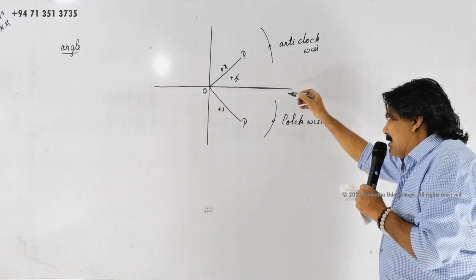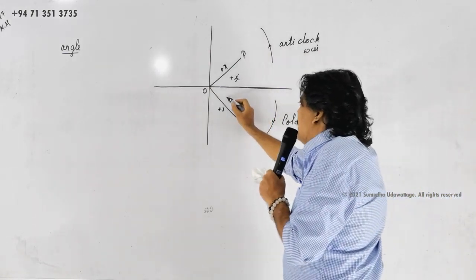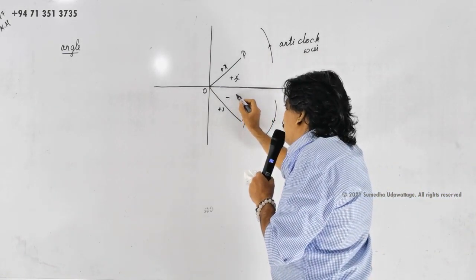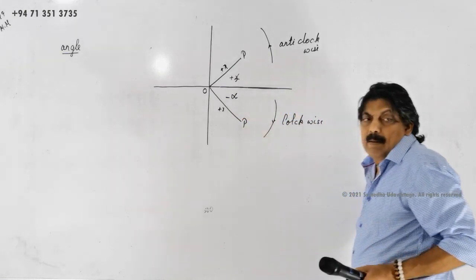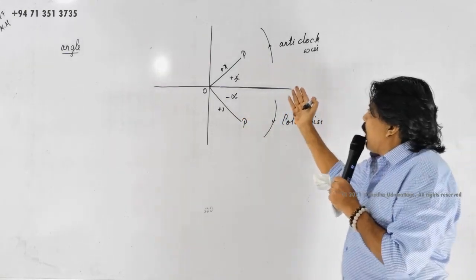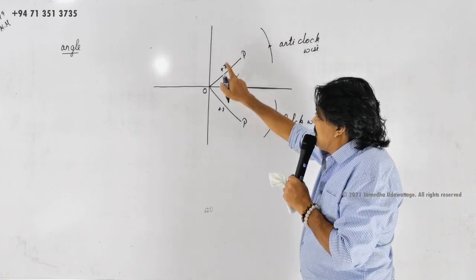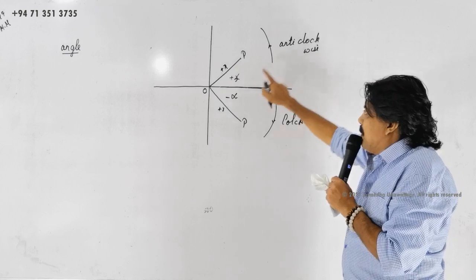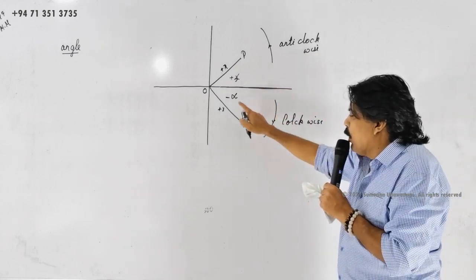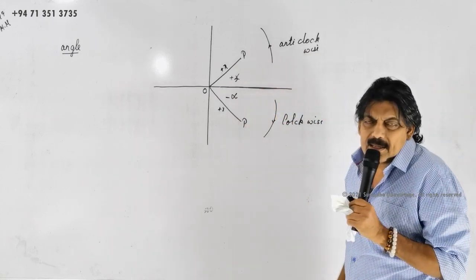When it turns clockwise, the angles created are defined as minus angles. Anti-clockwise, plus angles; clockwise, minus angles.